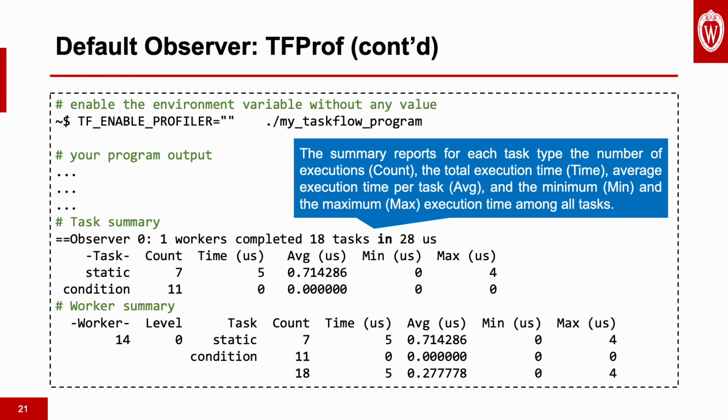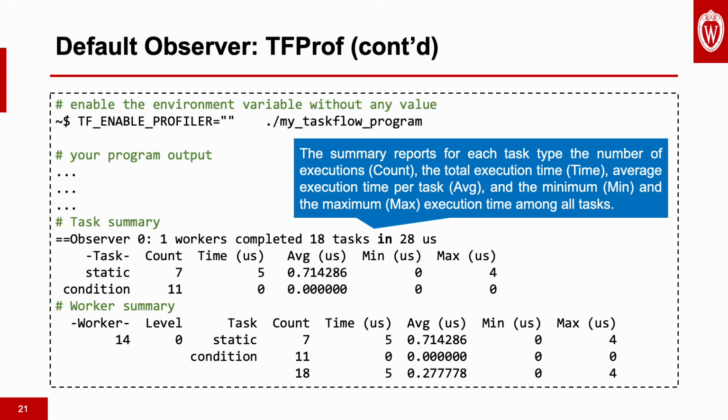If you don't want any visualization, but some simple summary about the execution statistics of your Taskflow program, you can enable the environment variable TF_ENABLE_PROFILER with an empty string. When you do this, Taskflow will simply print a concise execution report directly to the console. The report has two main sections, task summary and worker summary.